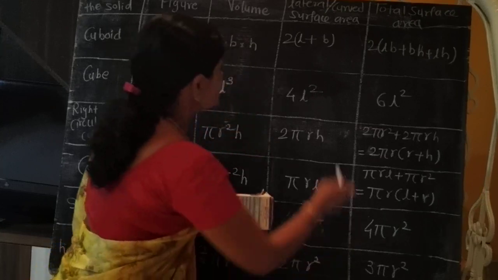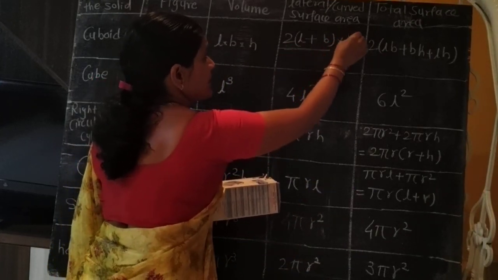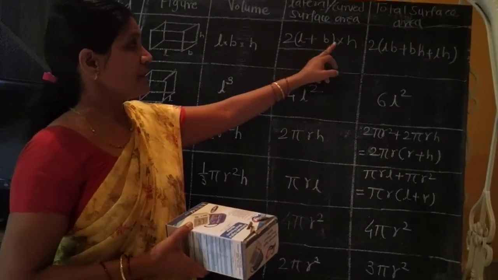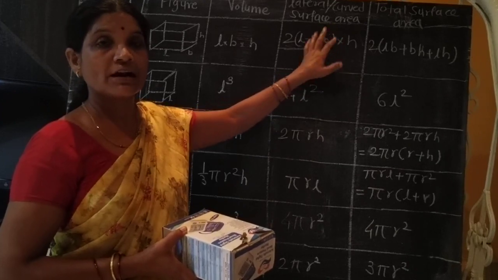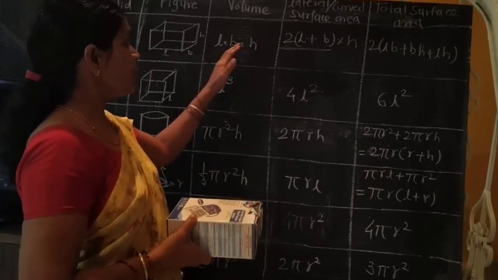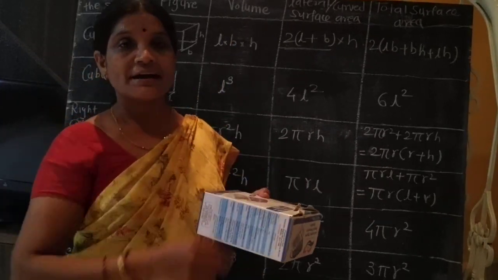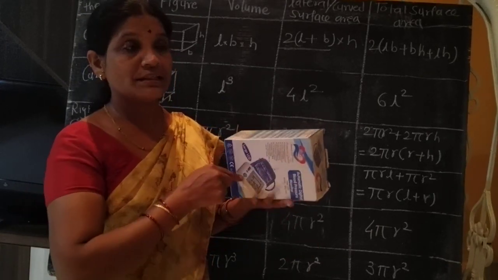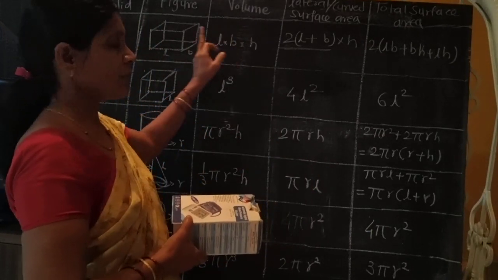And that's why this is the perimeter of base multiplied by height: 2 in bracket (L plus B) into H, and that is the area for lateral faces, means vertical faces. Now the volume means the base area multiplied by height.